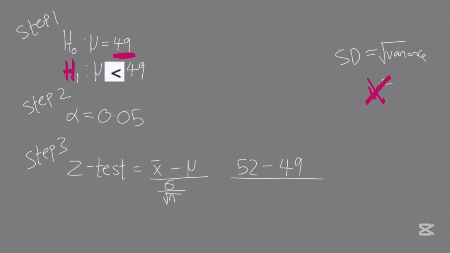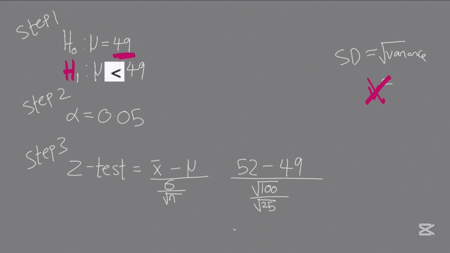Our variance is 100, so the square root of 100 gives us 10 as our standard deviation, divided by the square root of n. And from the question, our n is given as 25 because they said a random sample of size 25.